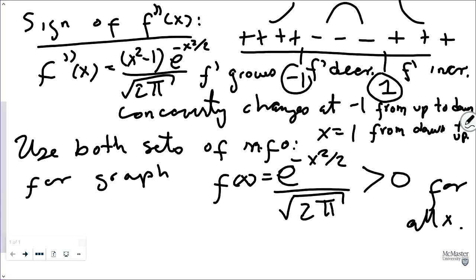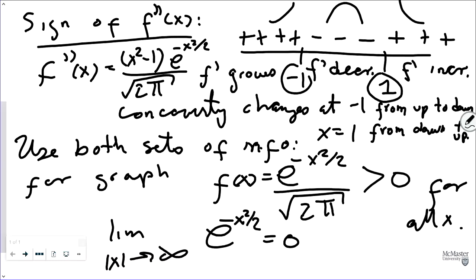For all x. So another thing to consider is that if I consider the limit when the absolute value of x goes to infinity, meaning that I can either go to plus infinity or minus infinity, of e to the minus x squared over 2, that limit is 0. So basically I have an exponential decay if I go to plus infinity or minus infinity. That is what we know.